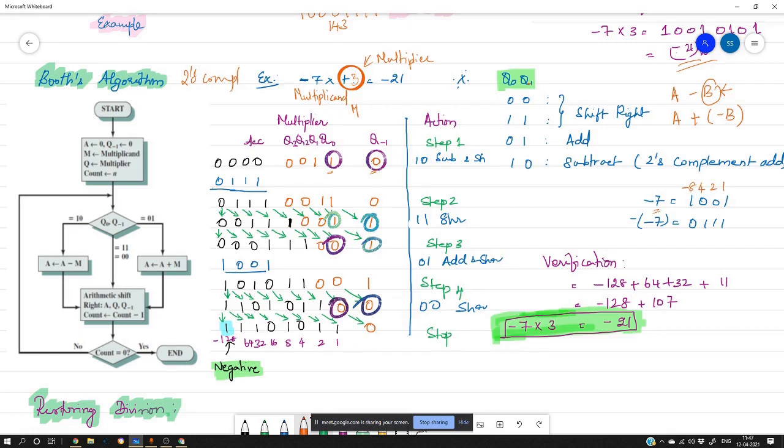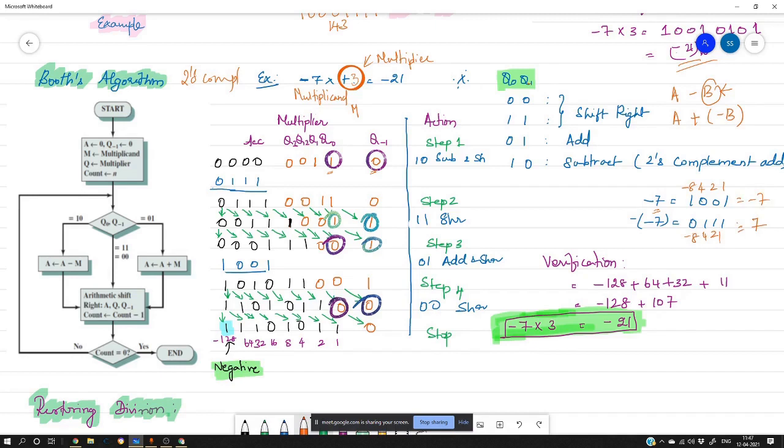Finding the complement of minus 7, that is negating a negative number, will get you a positive number. Now you can check: it is 0 here and 111 will add up to 7. So minus 8, 4, 2, 1 is again 7. It is plus 7, whereas here it is minus 7. I hope you follow this.